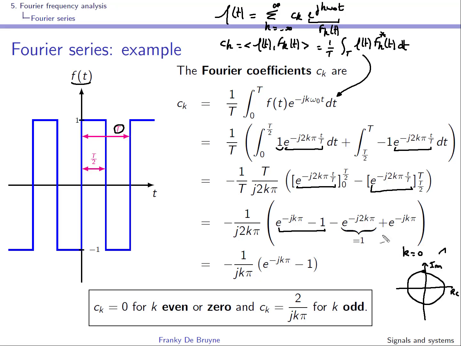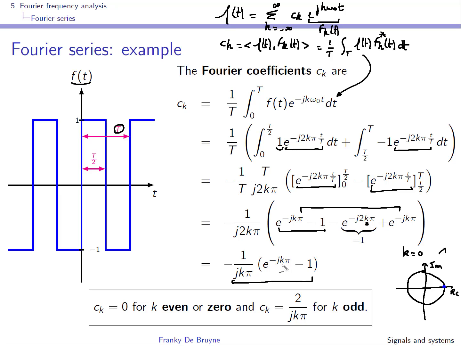Whatever the k, you always end up at 1. So this is a 1, and if you now simplify, you'll have minus 1, so it's minus 2. You have two terms like this one, so this simplifies to this expression.